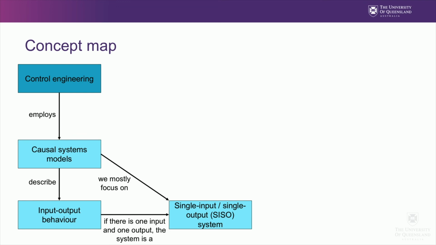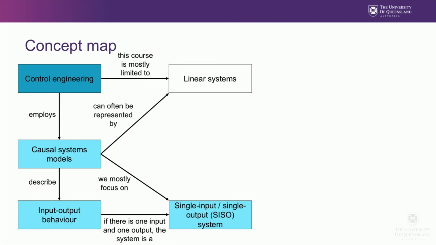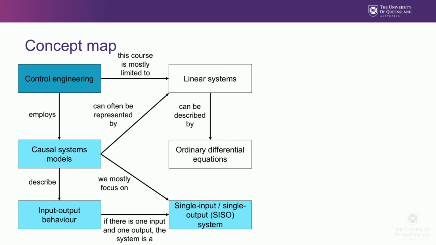The two concepts introduced in this video are linearity and superposition. The analytical techniques we will use are all founded in the mathematics of linearity. And the causal system models we are interested in are linear systems. Linear systems can be described by linear ordinary differential equations.